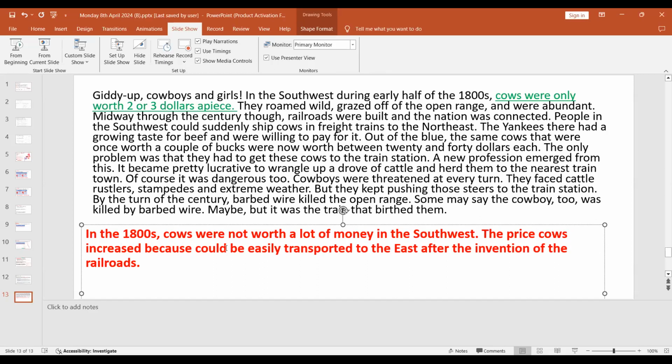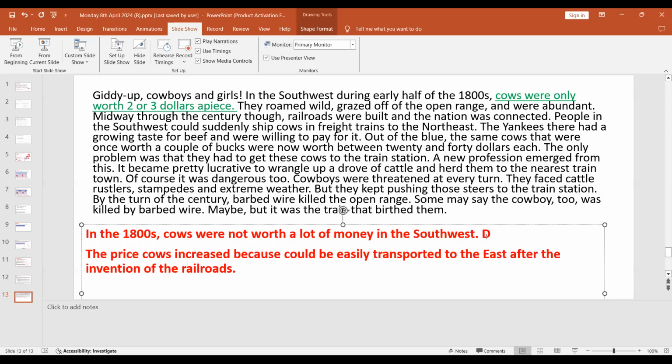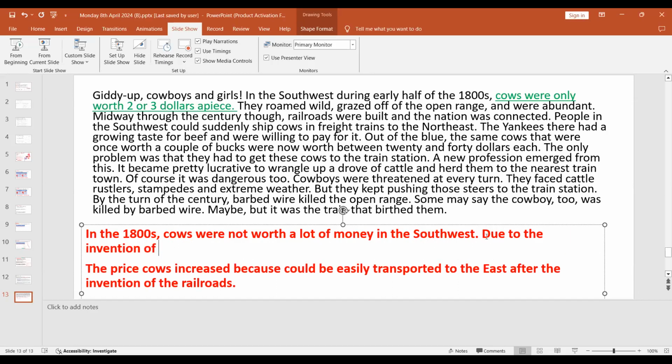The price of cows, we can say, due to the invention of railroads, cows could be easily transported to the east.